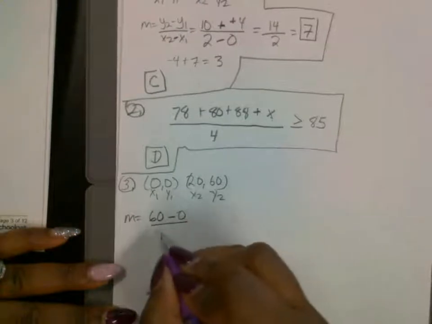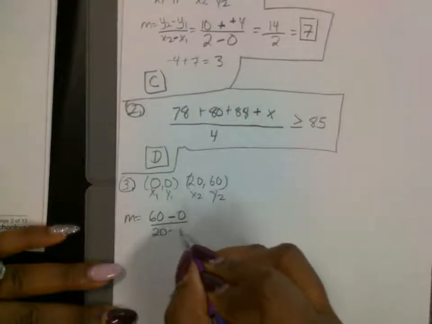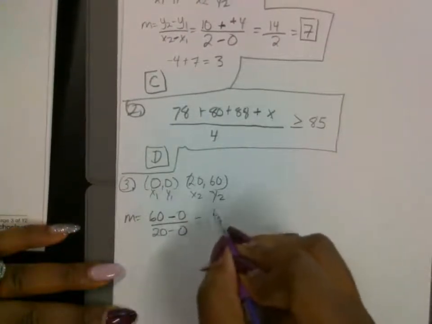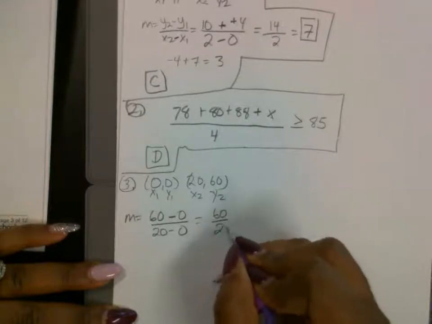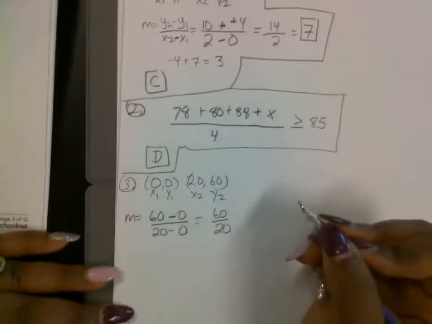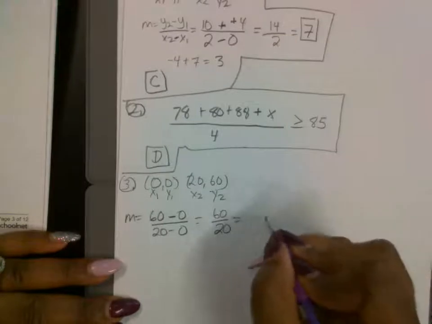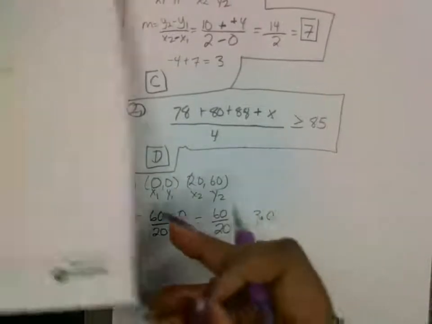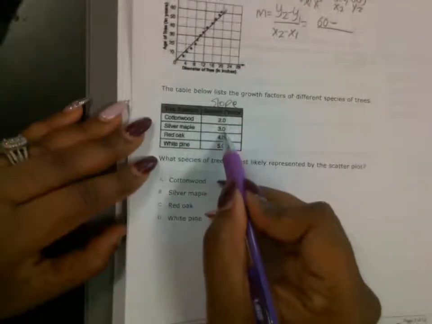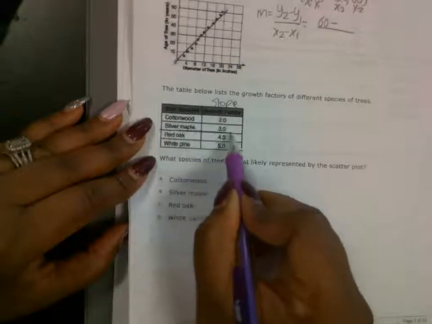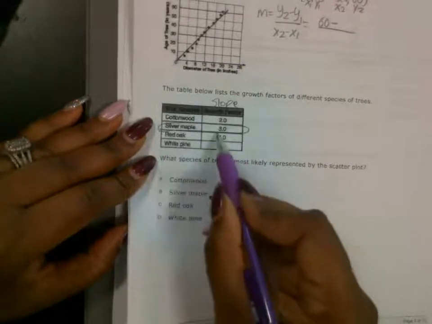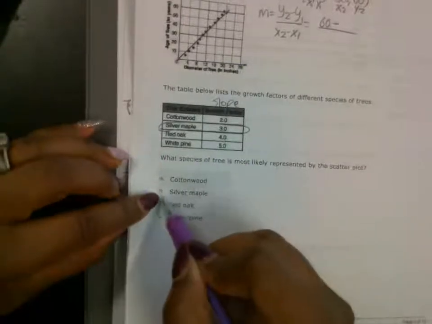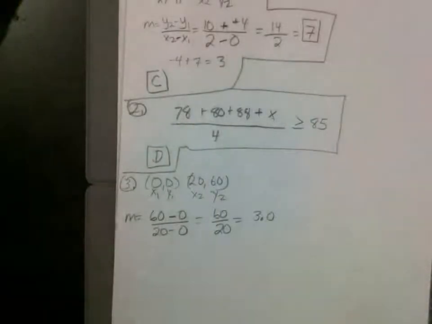And on the bottom, you get 20 minus 0. So this gives you 60 divided by 20. All right, so 60 divided by 20 is going to give us 3 or 3.0. So look at the different slopes here, and 3.0 is right here. So our answer is going to be B.